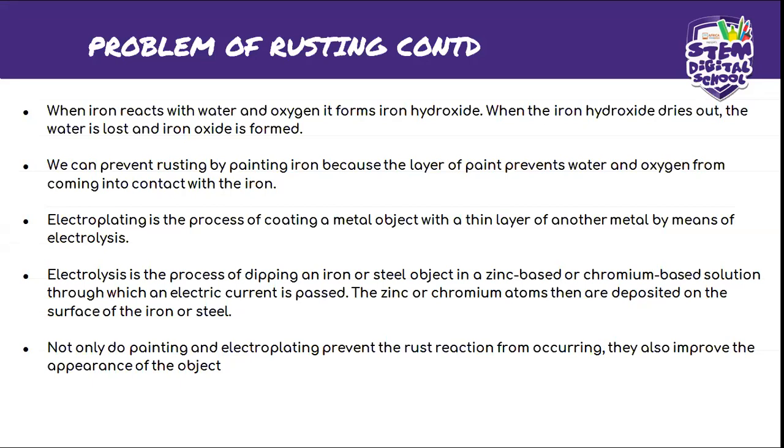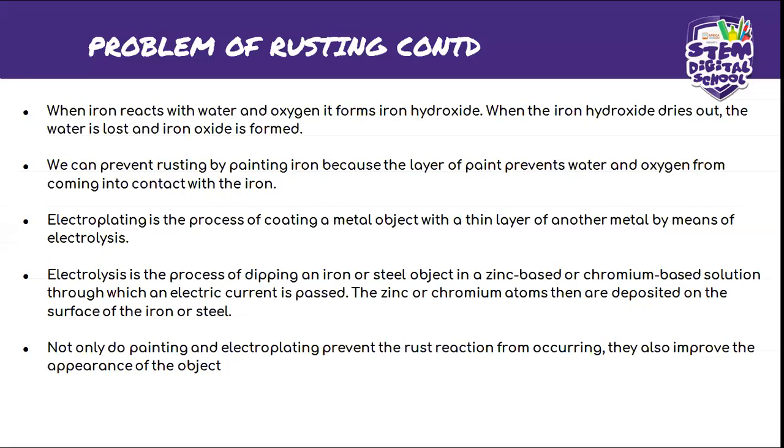So now, just as when we paint iron with a certain type of paint, which prevents that iron from reacting with water and oxygen, the same way when we electroplate, we are simply taking a metal that does not undergo rusting to plate or to cover this metal that undergoes rusting. So at the end of the day, this metal does not even undergo rusting.